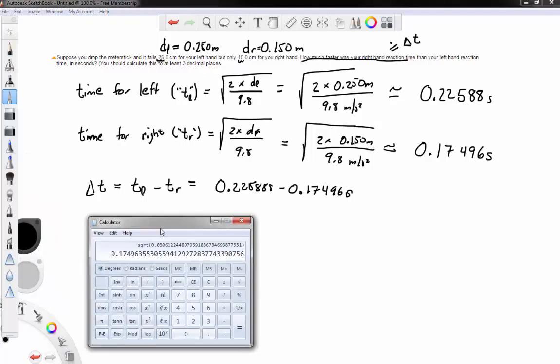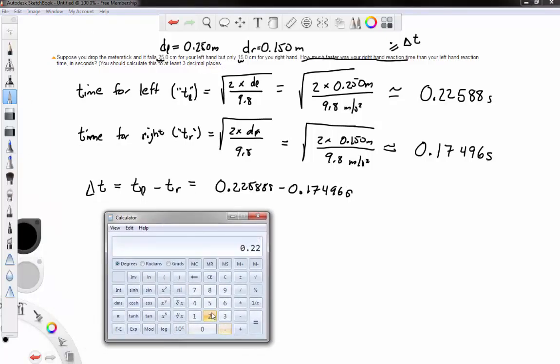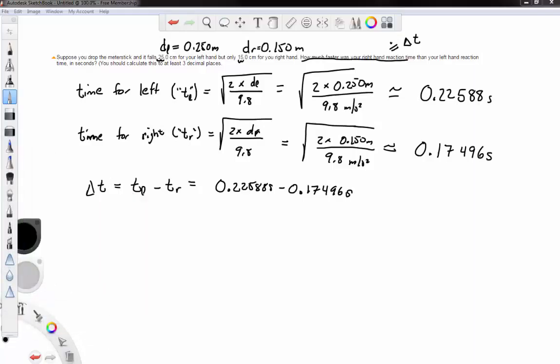So we can put that into the calculator. 0.22588 minus 0.17496 gives us this difference, 0.05092.